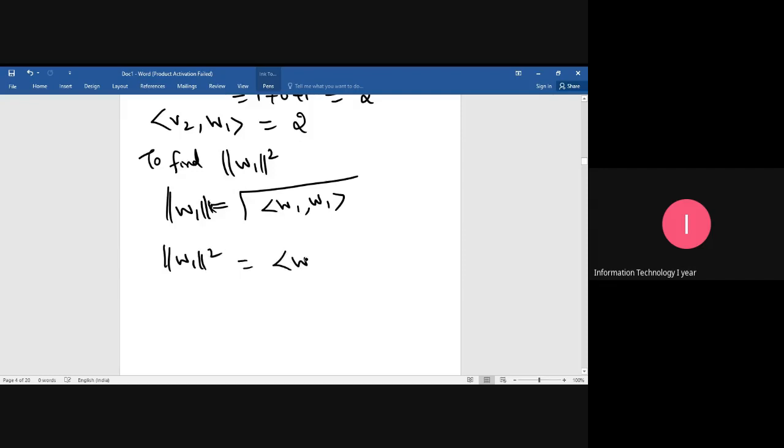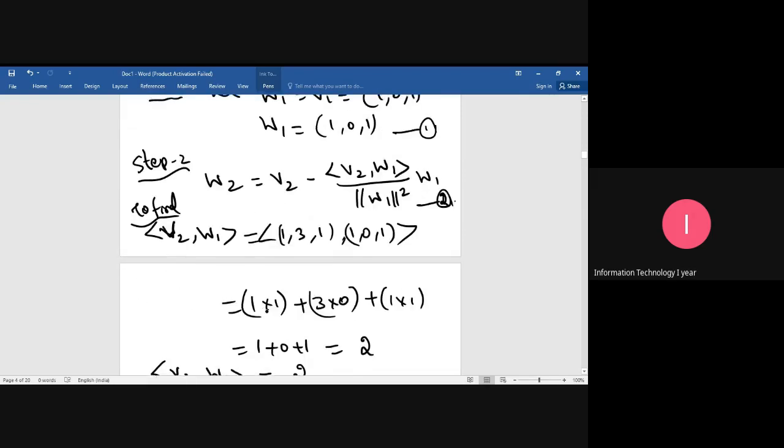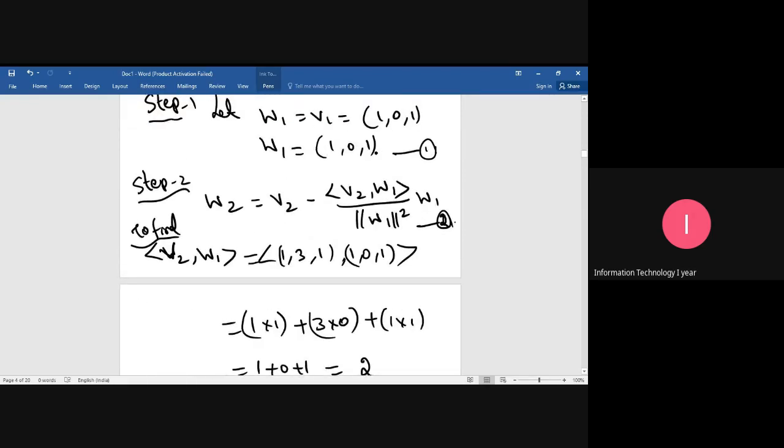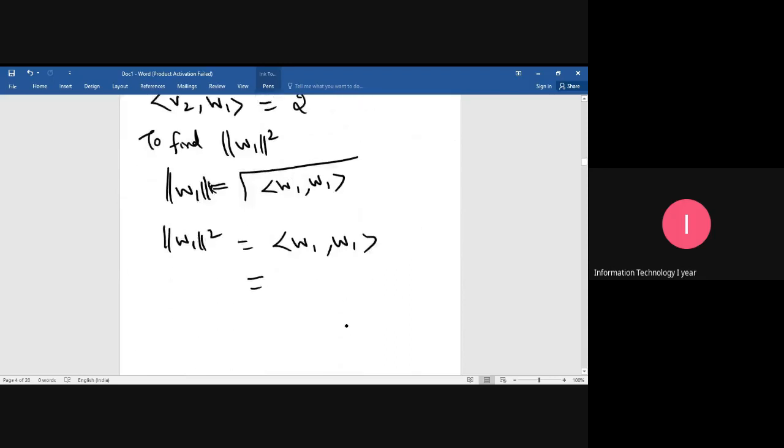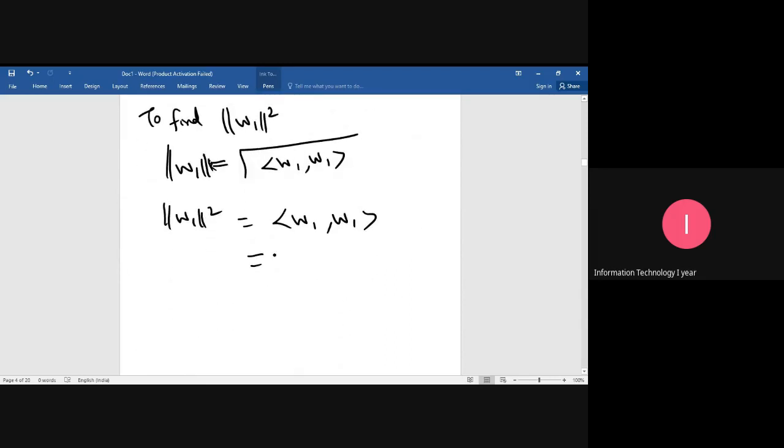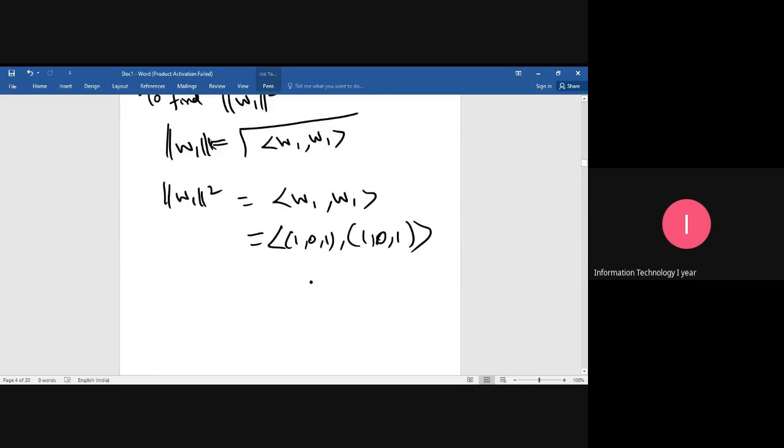So inner product of W1 comma W1, where W1 from equation 1 is 1, 0, 1. So this is the inner product of 1, 0, 1 with 1, 0, 1.